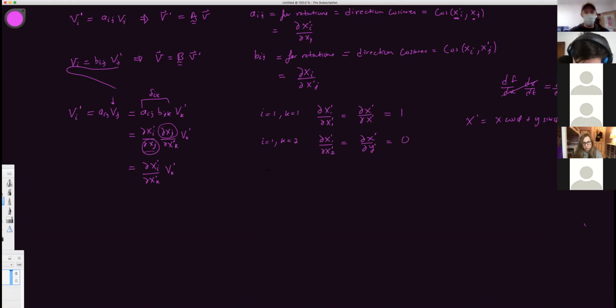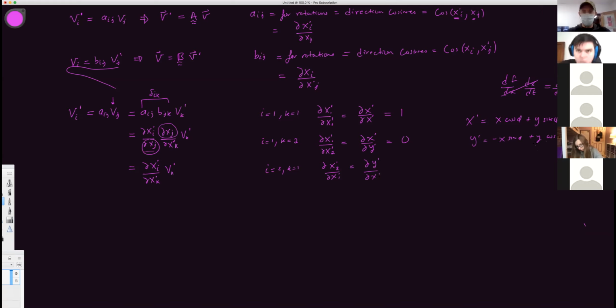And again, if we go vice versa, i equal 2, k equal 1, partial x prime 2, partial x prime 1, and that's going to be partial y prime, partial x prime. And remember, y prime is, I think, minus x sine phi plus y cosine phi. I hope I'm not making that up, but something like that.